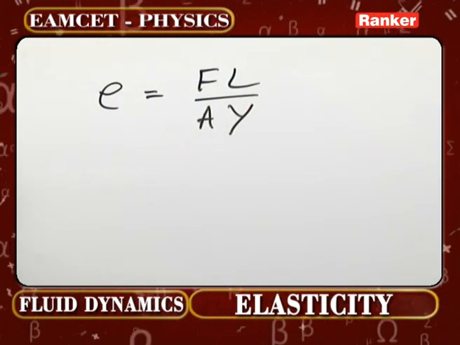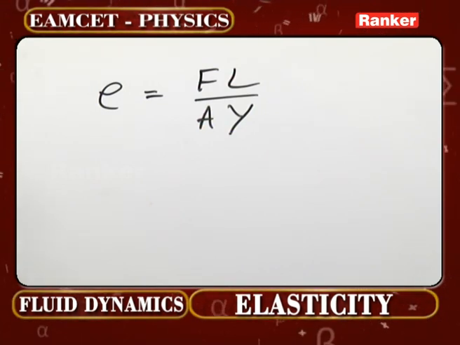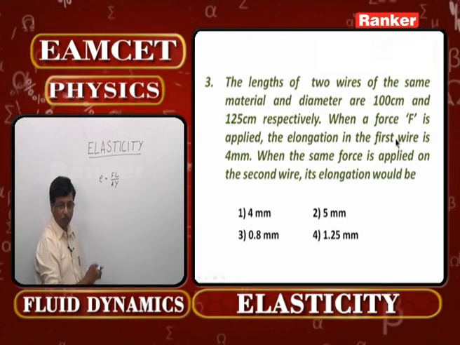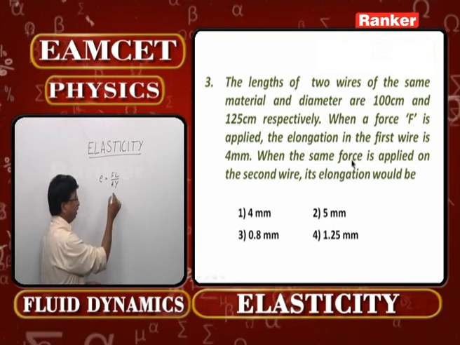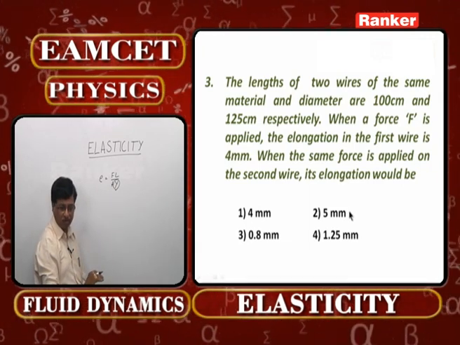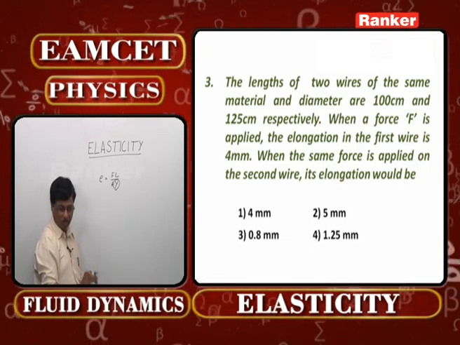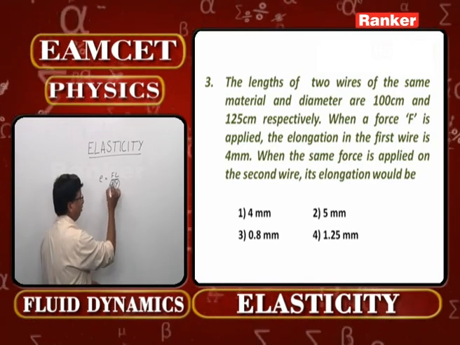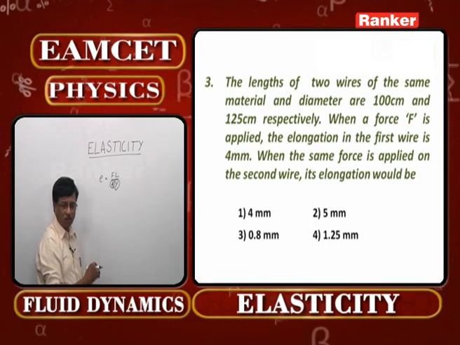Now look at the wording carefully. The lengths of two wires of same material. Same material means what? Their Young's modulus is going to be constant. That is one zone you have to understand. And diameter also. Diameter is same means areas of cross section are going to be equal.